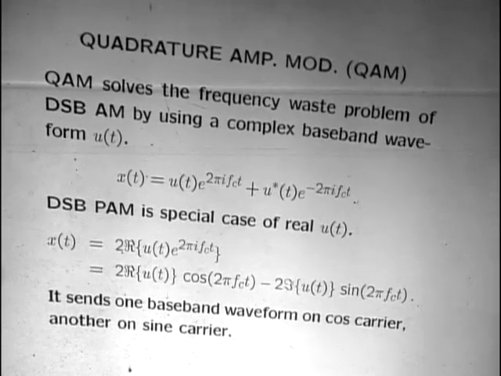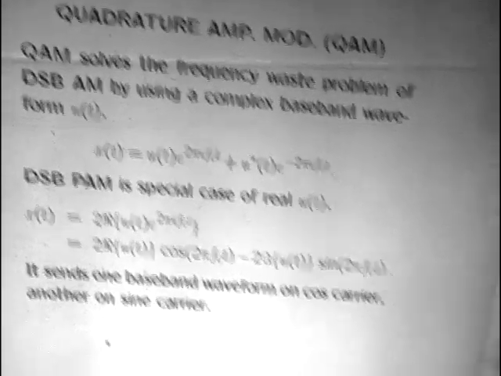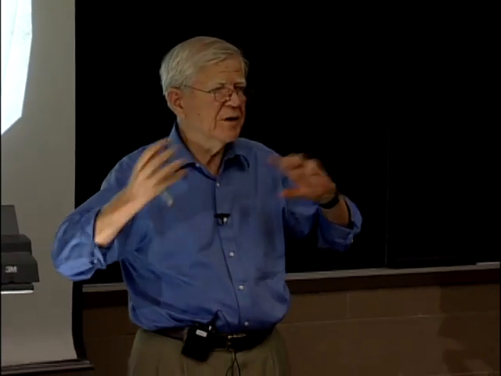Which says you take the real part of this baseband waveform you've generated and multiply it by a cosine wave; you take the imaginary part and multiply it by a sine wave.